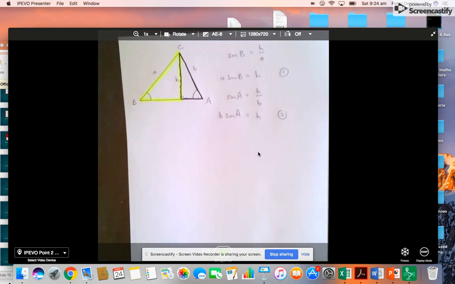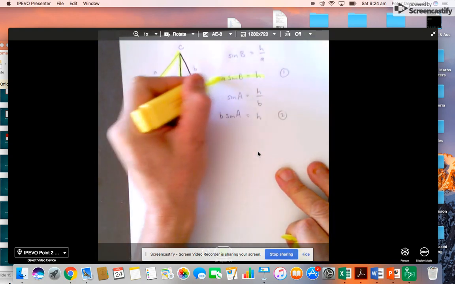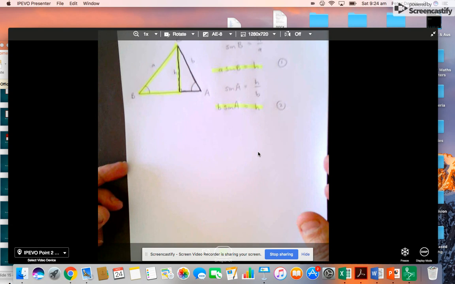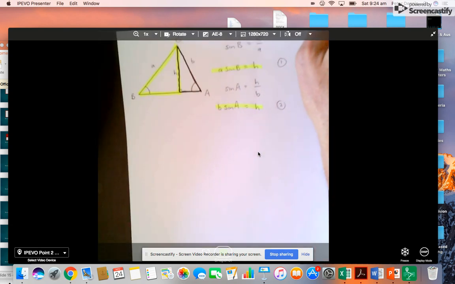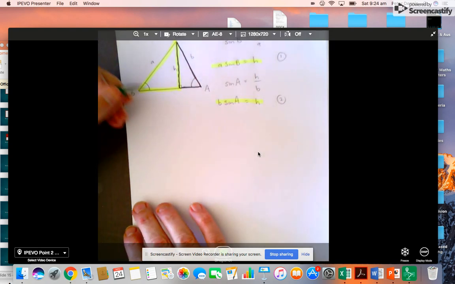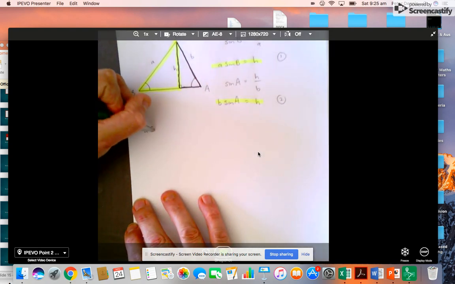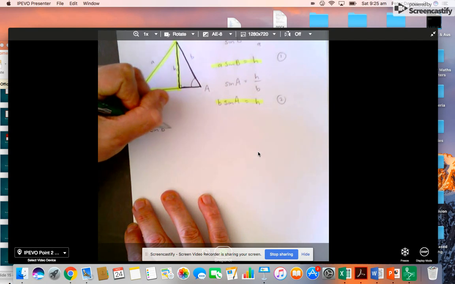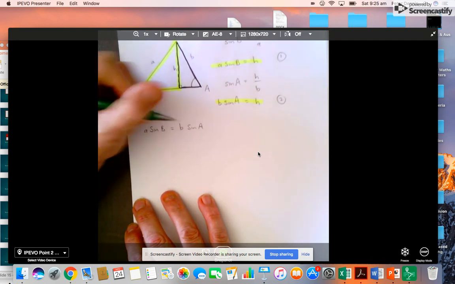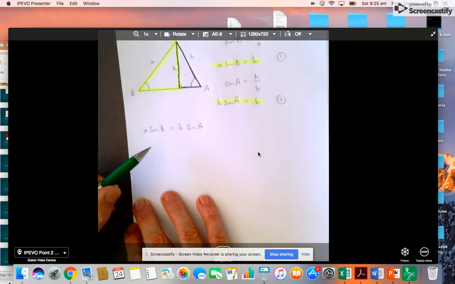So what we've got with these two formulas is that this equals H and this equals H. So they must equal each other. It's a nice, simple simultaneous equation now that A sine B, which equals H, must equal B sine A. And then it's just a matter of manipulating this around.